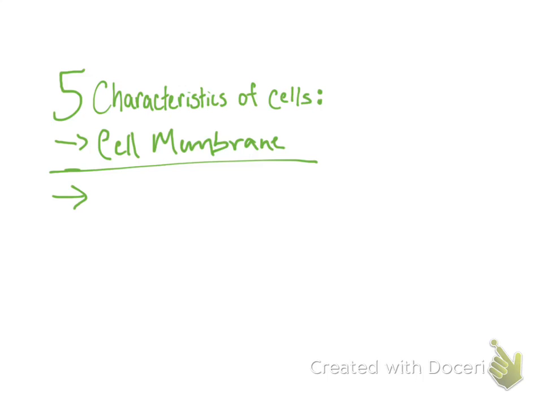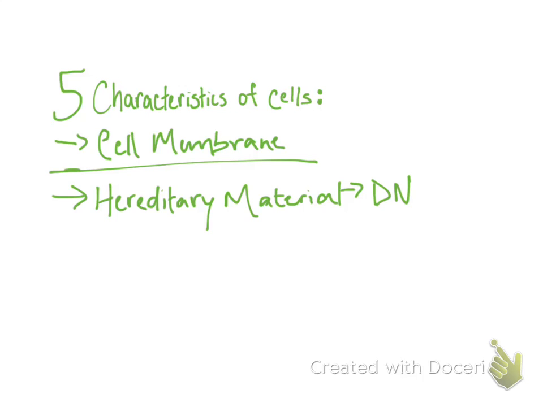Next is hereditary material. The hereditary material, also known as DNA, is a unique part of all cells. This hereditary material describes the different unique parts of every single person, and all cells have this.